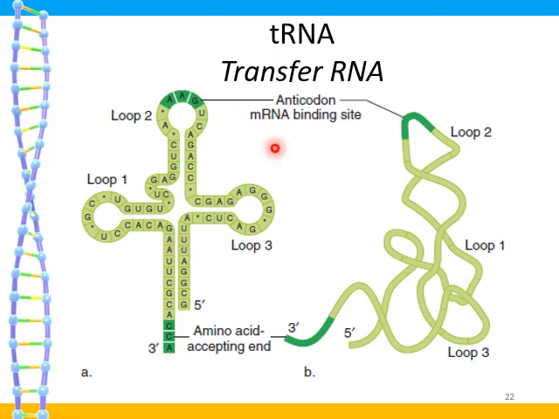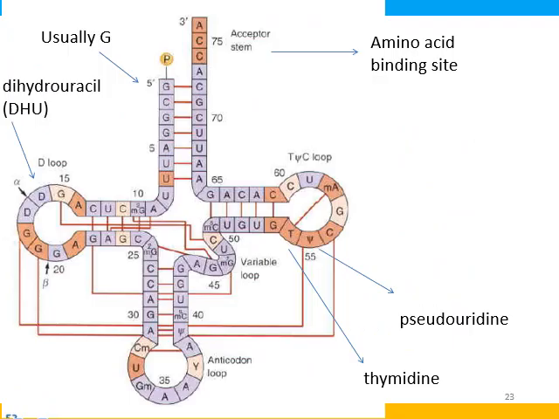These transfer RNA molecules act as adapter molecules, because at one side they read the code on the mRNA, and at the other side they bring the amino acids that are complementary to the code that is being read.